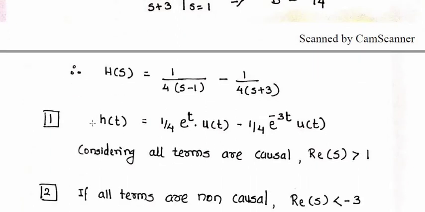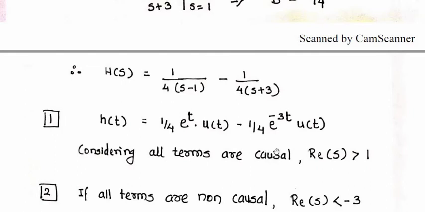I have written this Laplace or inverse Laplace by considering all terms as causal. That means the ROC, that is the real part of s, will be towards the positive side. There are two possibilities with respect to this. The ROC in this case will be s greater than 1, and for this case s greater than minus 3.